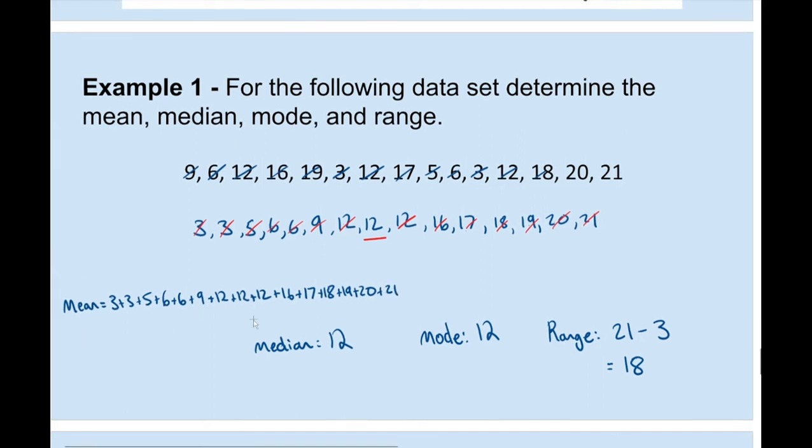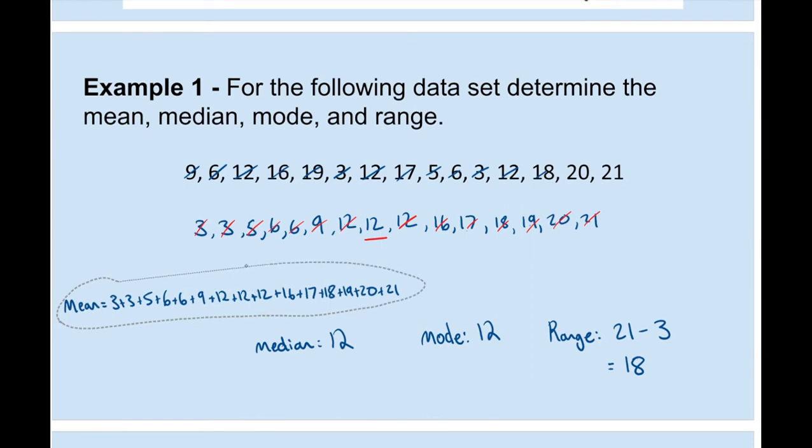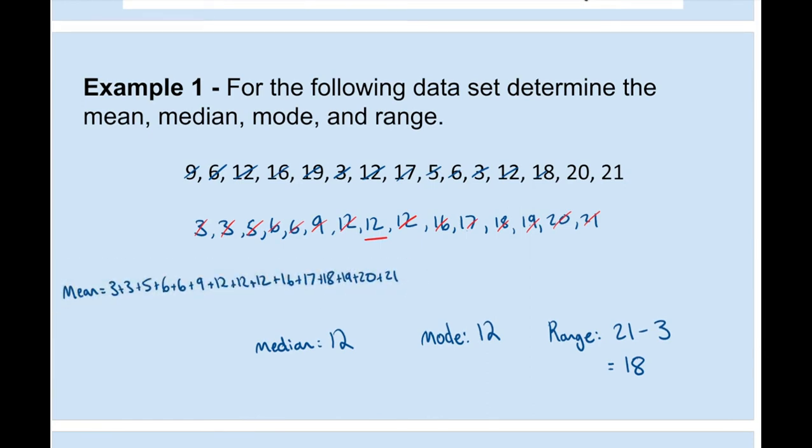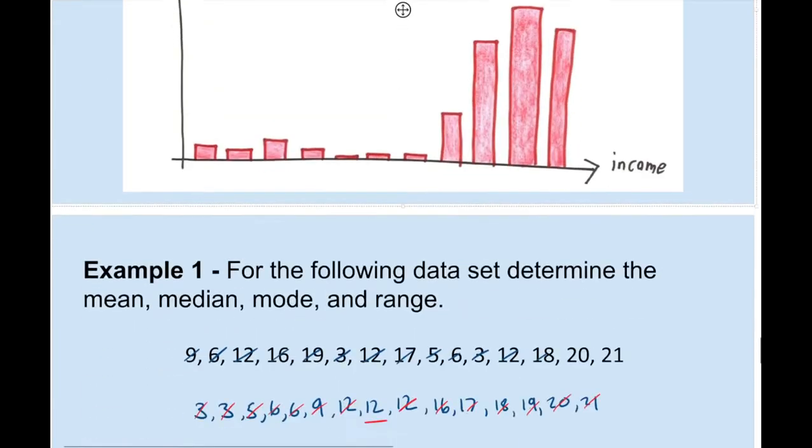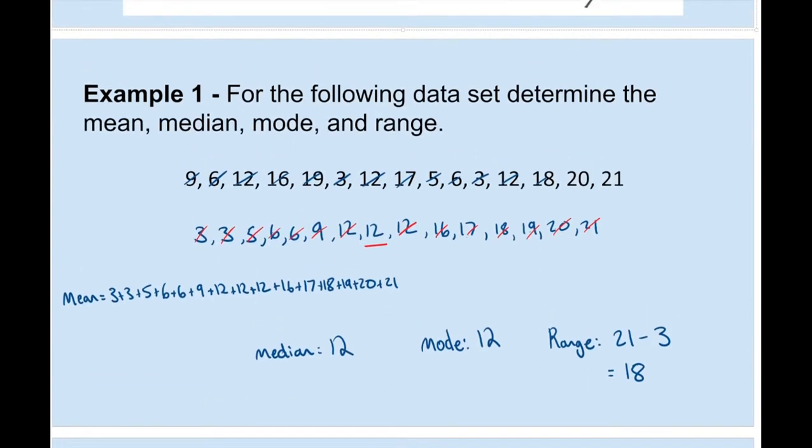So we need to add up all of our data values. And then divide them by the number of data points, which is 15. And this will give us our mean.